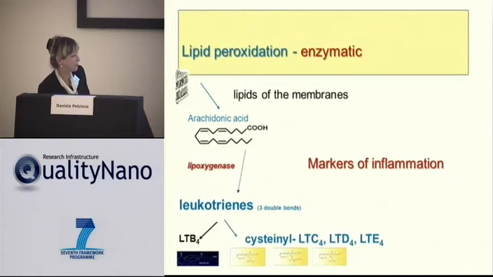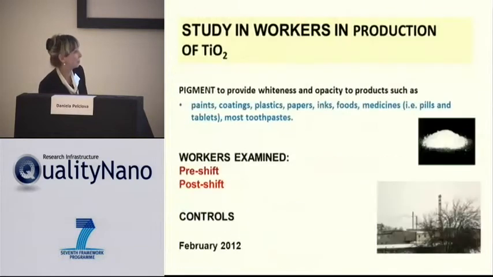Leukotrienes, either LTB4 as a marker of inflammation in the airways, in chronic obstructive pulmonary disease, for example, or sulfidopeptide leukotrienes in allergic lung disorders such as asthma.